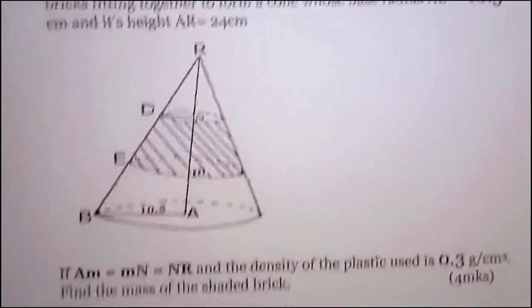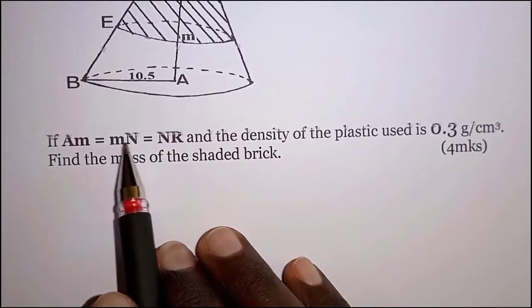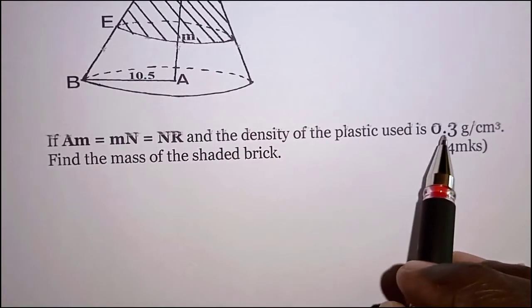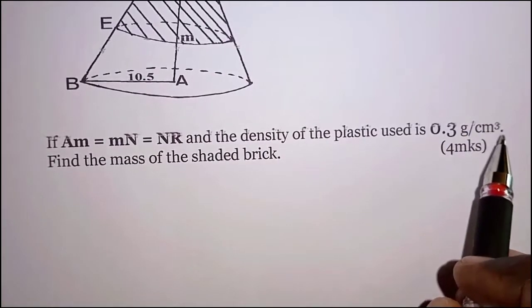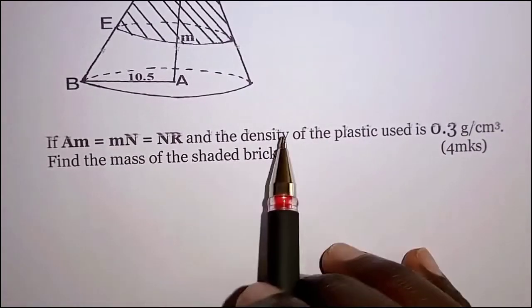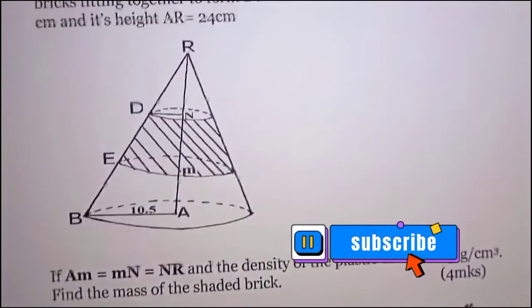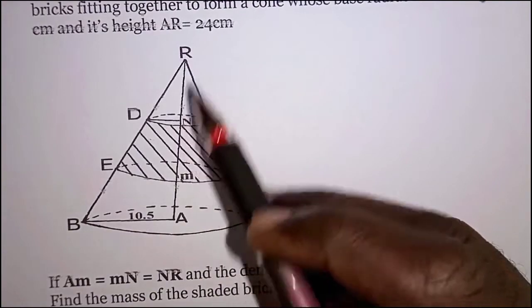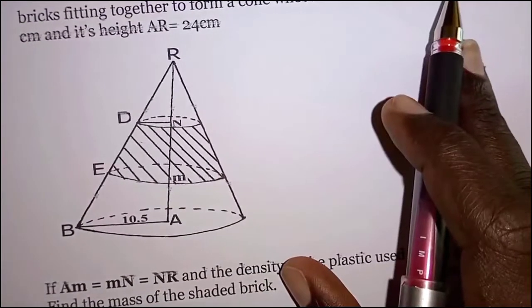And then if AM is equal to MN, which is equal to NR, and the density of the plastic used is 0.3 grams per cubic centimeters, find the mass of the shaded brick. So we are told that AM, MN, and NR are all equal.